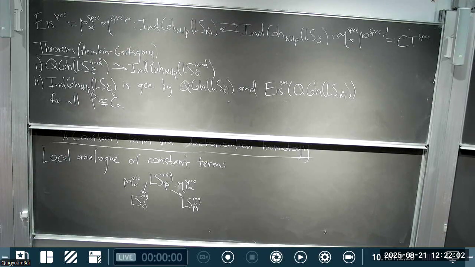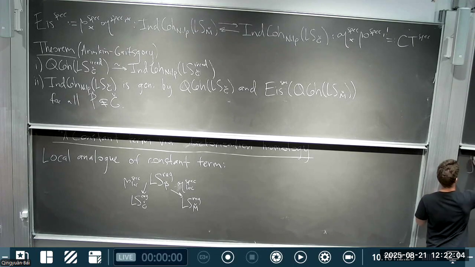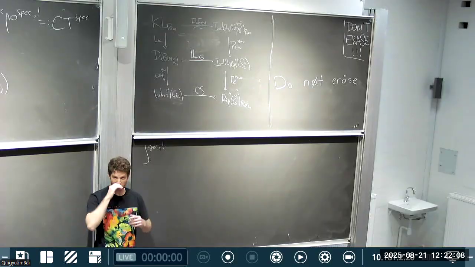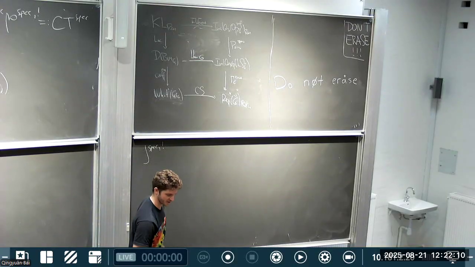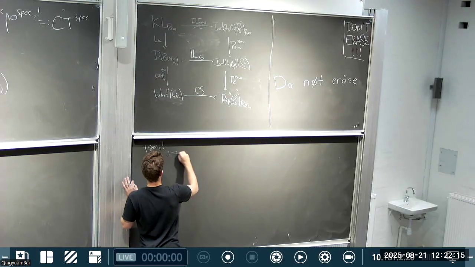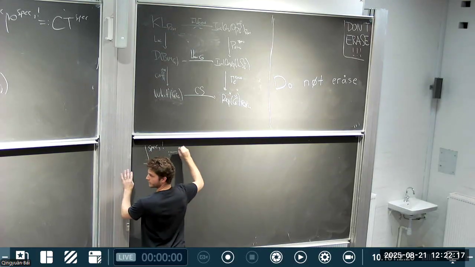So the local analog of constant term is again a kind of Jacquet functor, as I mentioned earlier, hence the letter J. It's going to be pull-push again.